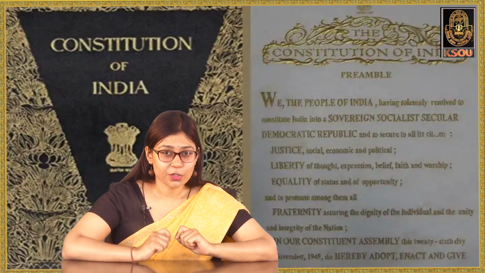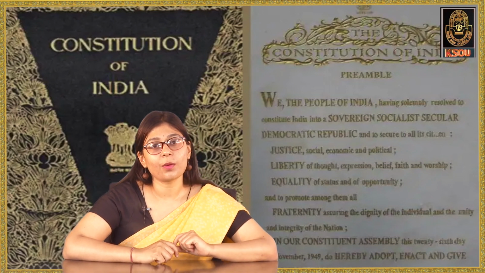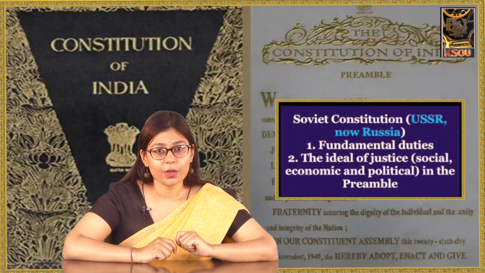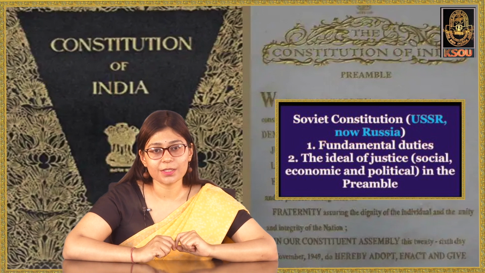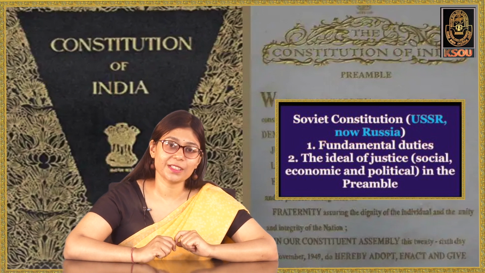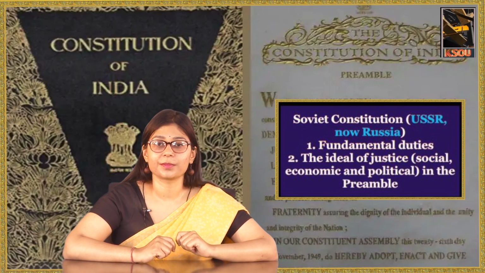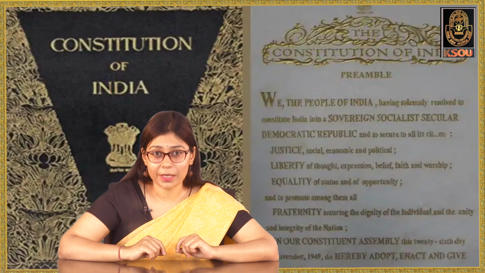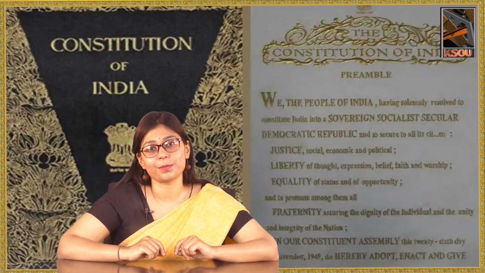The ideal of justice, social, economic, and political in the preamble has been borrowed from the former Soviet Union's constitution, presently the Russian constitution. The preamble also secures to all the citizens of India liberty of belief, faith, and worship.